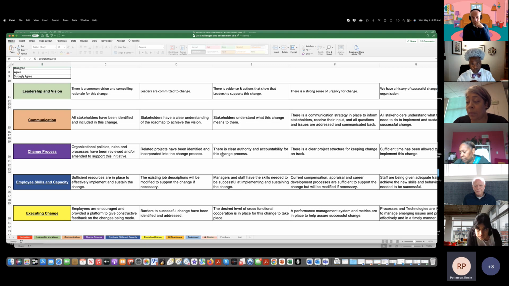And the other thought I had was, do you have to use each category? Because there may be times where I may just want to use change management and get feedback from that particular area. So can you pick and choose which ones you want to use, or is it designed to be used as a whole, if that makes sense?